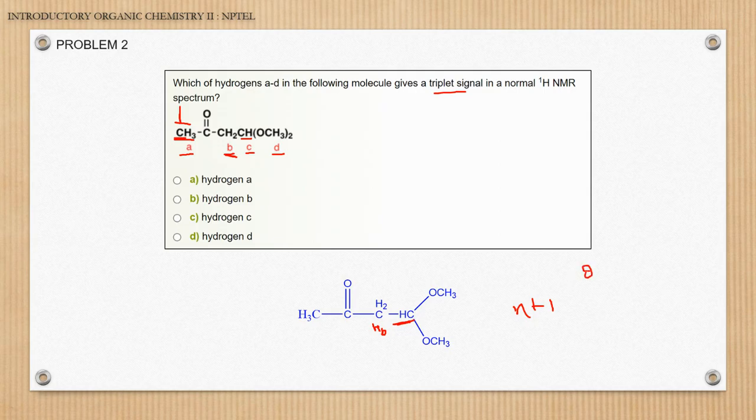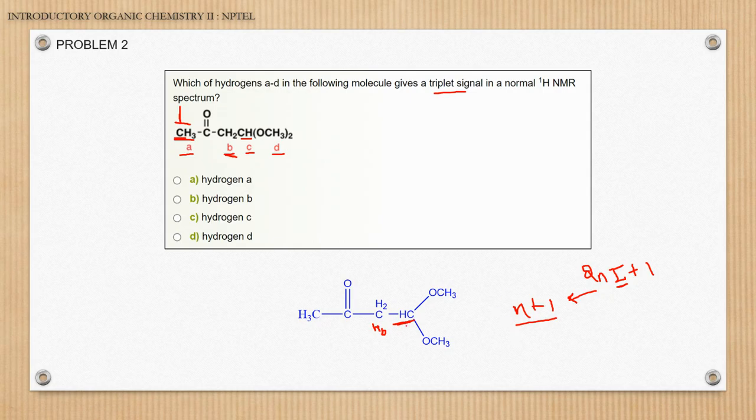So if you put the value of half in the splitting rule 2nI plus 1, the 2 will cancel out and you are left with the n plus 1 rule. So we call it the n plus 1 rule. According to the n plus 1 rule, n is the number of neighboring protons that are responsible for the splitting.